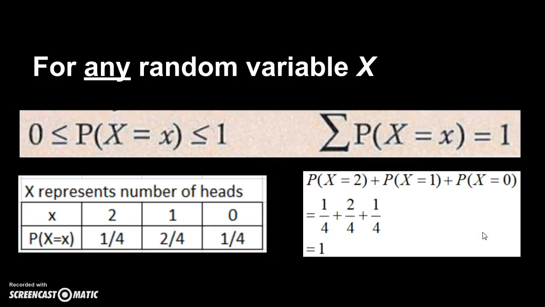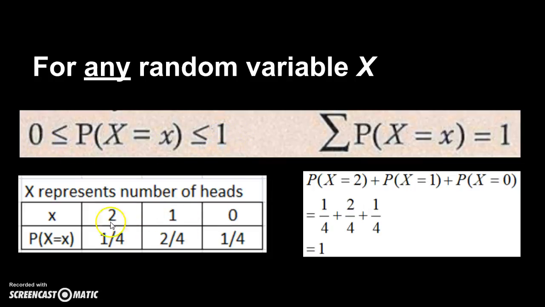Alright, now, a few rules for random variables. They're not new, they should not be new, because we kind of talked about these rules when we first learned about probability. So, for any random variable x, the individual probability for the outcomes should be between 0 and 1, including 0, including 1.